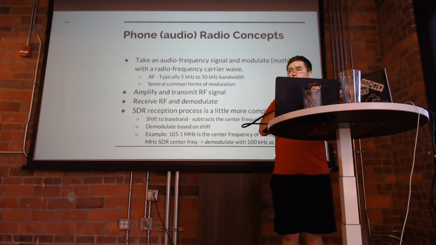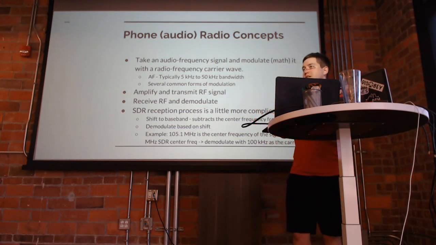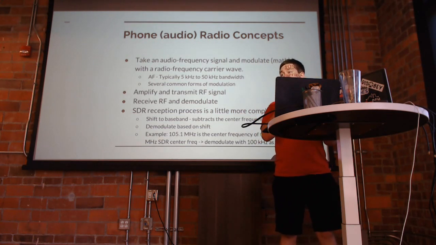When you're receiving with an SDR, it's a little more complicated because you have to shift it down to baseband. You're not tuned to a particular signal. Instead, you're taking the slice of the spectrum that contains your signal and shifting it down, say from 100 megahertz down to 0, and then you do your demodulation math in software.